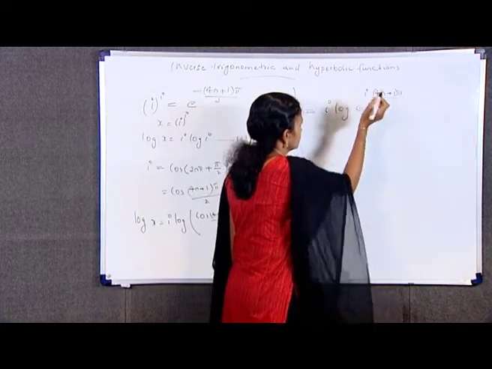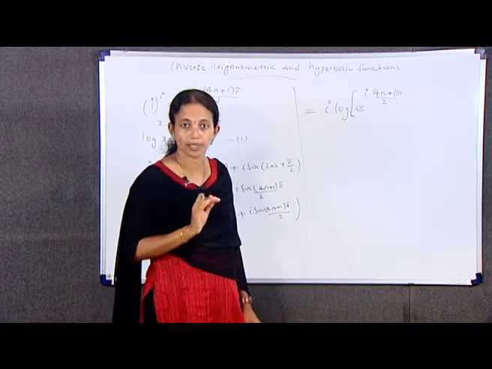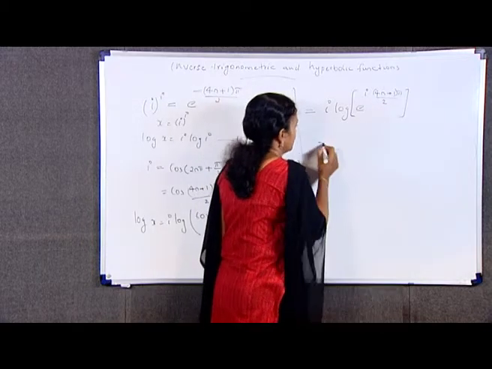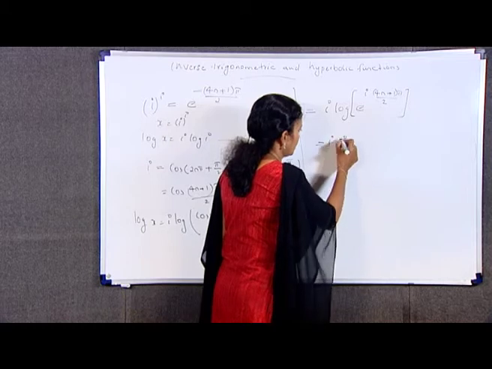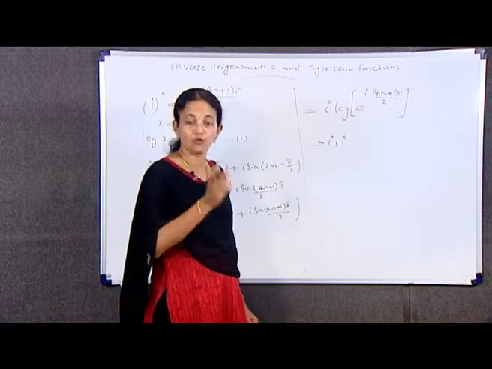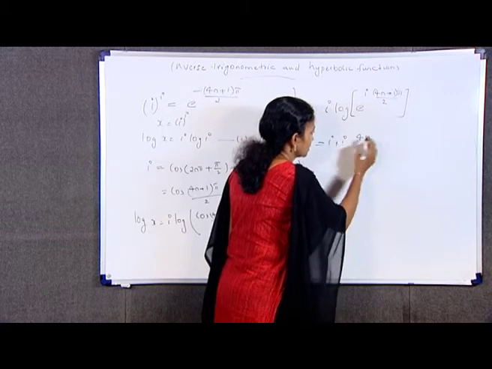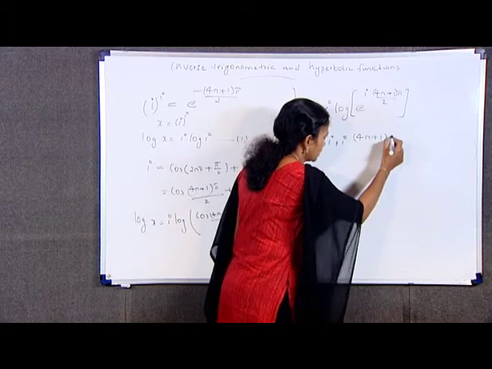Here we have e raised to i into (4n+1)π/2, which is equal to i into i times (4n+1) into π/2.